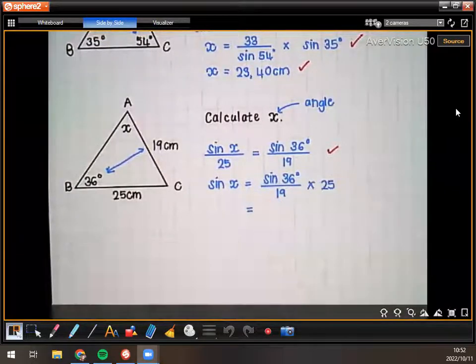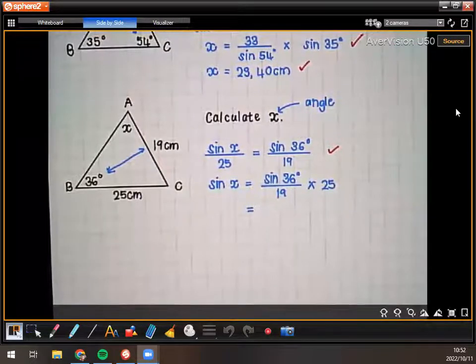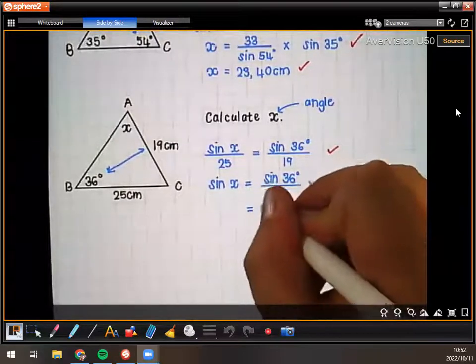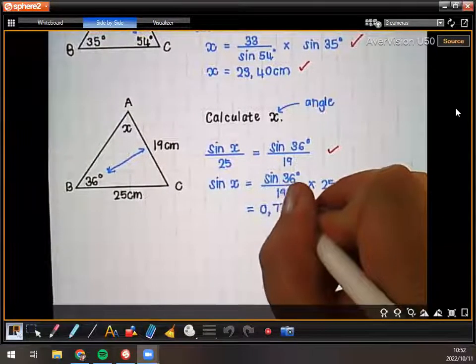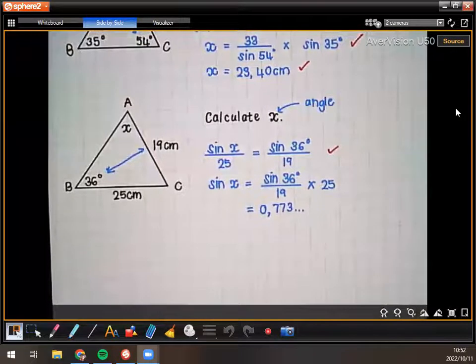Now when we type that into the calculator, let's see what we get. Yeah, I'm getting a decimal, so that's 0.773, and then there's a whole bunch of decimals after that, so I'm just going to do a dot dot dot.